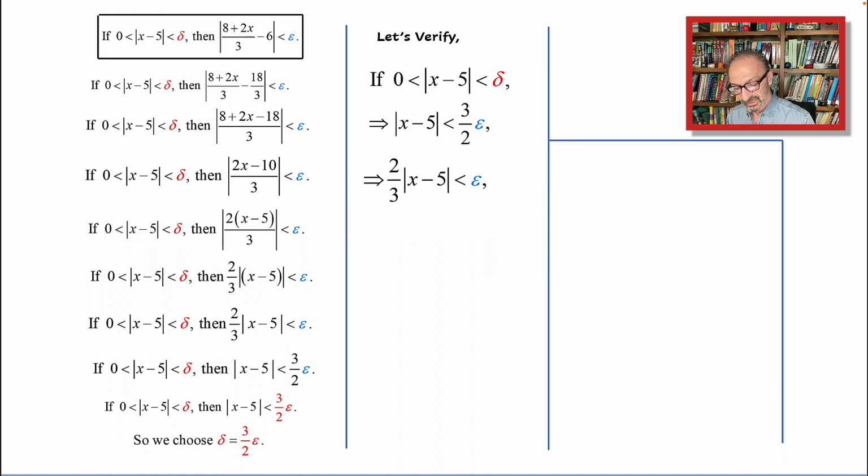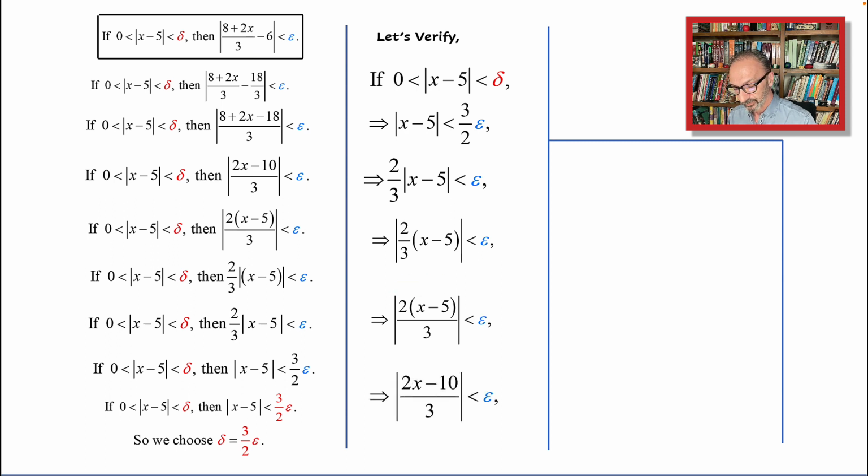Taking the 2/3 inside and simplifying inside, I get 2 multiplied by x minus 5 over 3. Distributive property, applying the 2, and I get 2x minus 10 over 3. We're trying to get to this right here, as you could see.